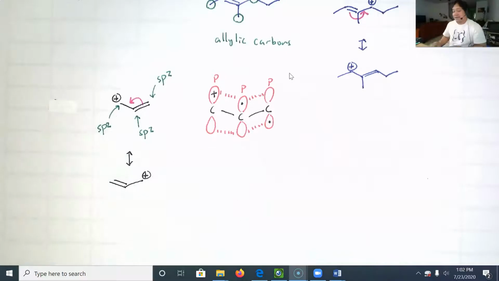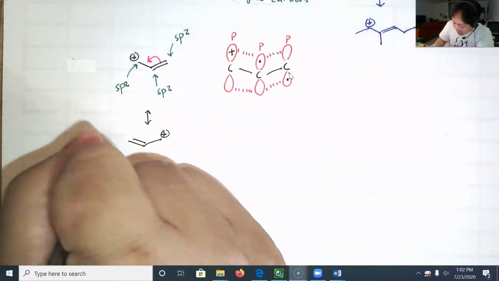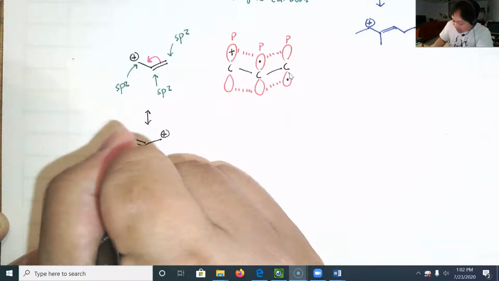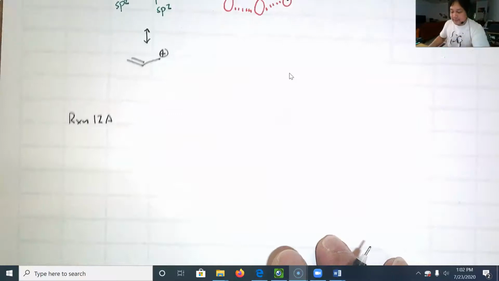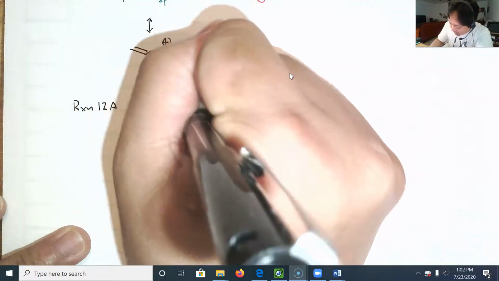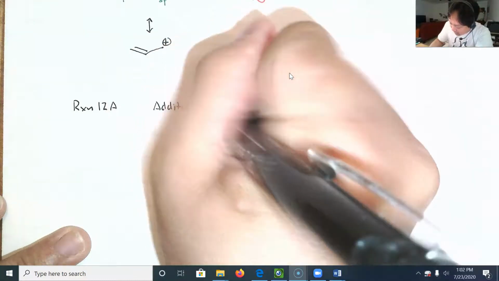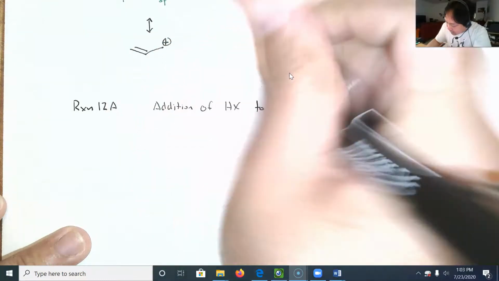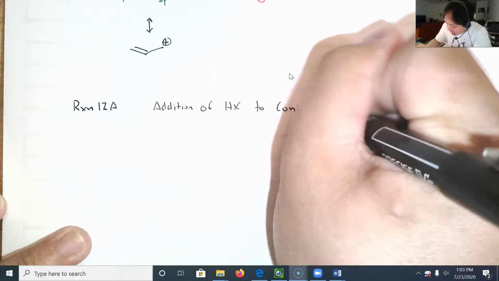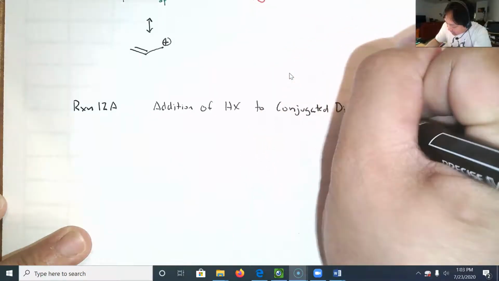Okay, now I'm ready to look at our first reaction. Reaction Unit 12A. This is addition of HX to conjugated dienes.